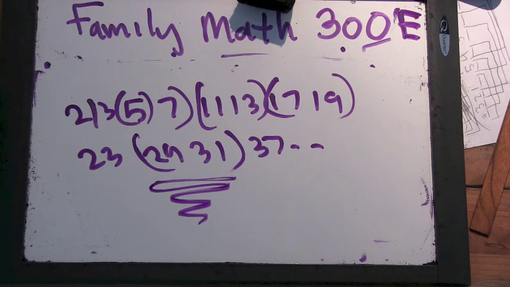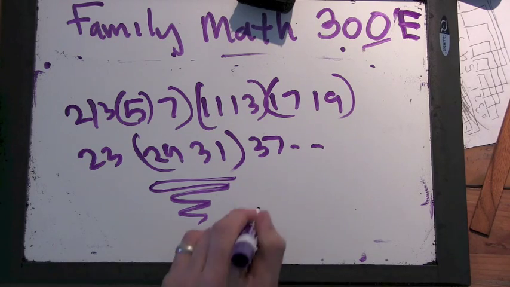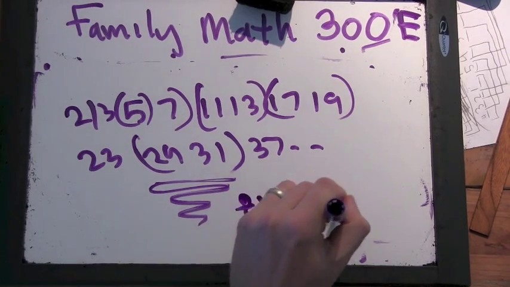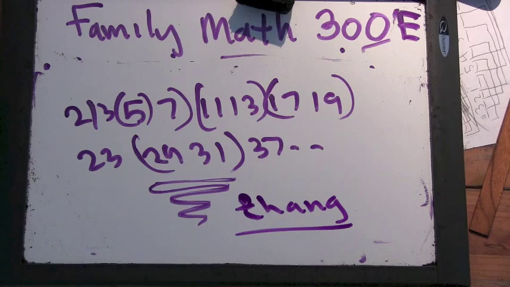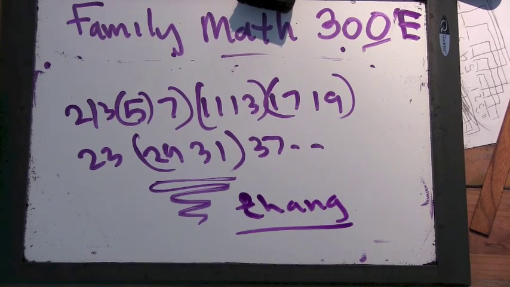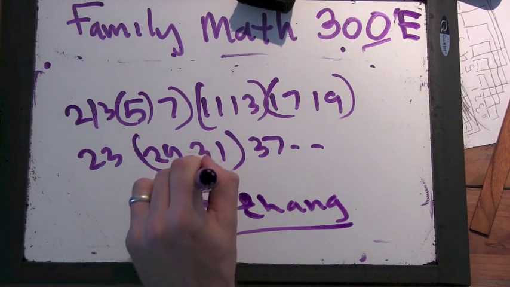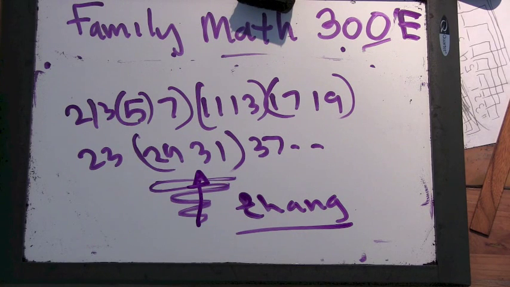Just a couple years ago, a professor from the University of New Hampshire, last name Zhang, Z-H-A-N-G, proved that there are an infinite number of primes that are separated by at most 70 million. So it went from unknown to 70 million.